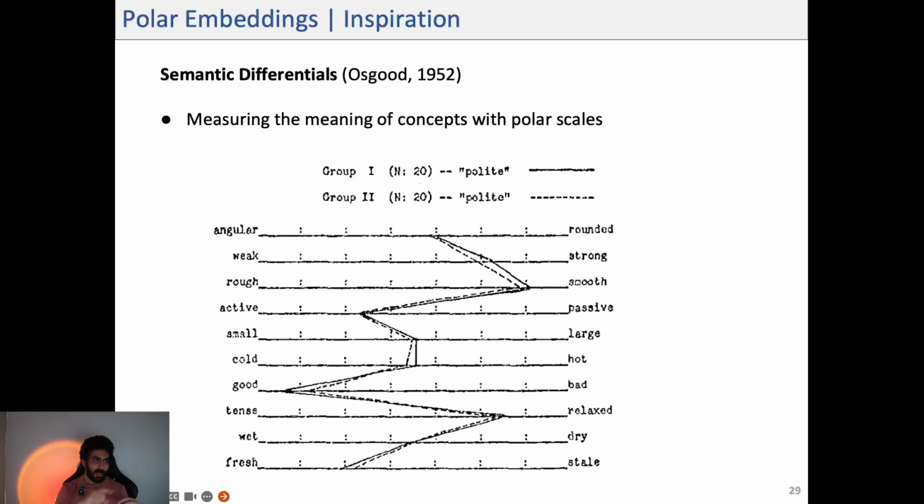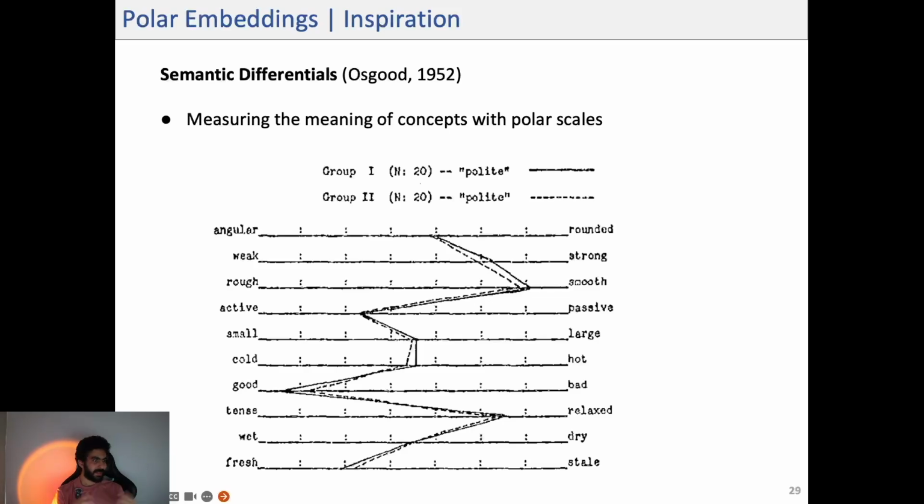You can see the results plotted here. Even though both groups were evaluating the same word, polite, their mental representation of it differed completely across the polar dimensions. This method revealed that meaning is not absolute. It's contextual and shaped by associations across multiple axes of interpretation. This concept is foundational for what we now call polar embeddings, and that's what you see in the title, where words are projected into vector spaces along defined semantic axes.